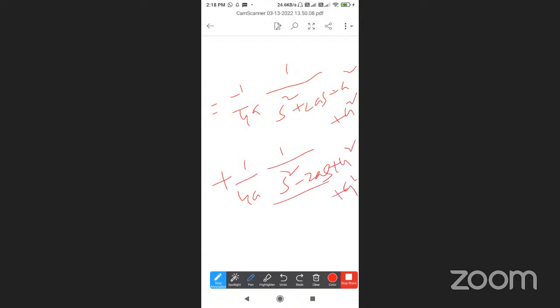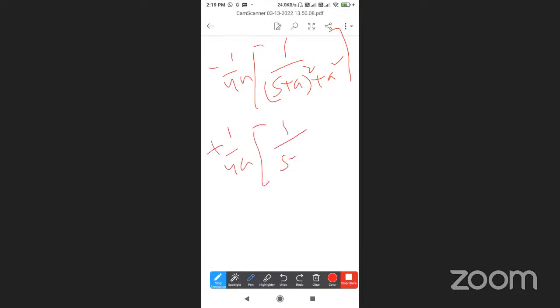That means this part is (s plus a) whole square, this part is (s minus a) whole square. So minus 1 by 4a into 1 by (s plus a) whole square plus a square, plus 1 by 4a into 1 by (s minus a) whole square plus a square.